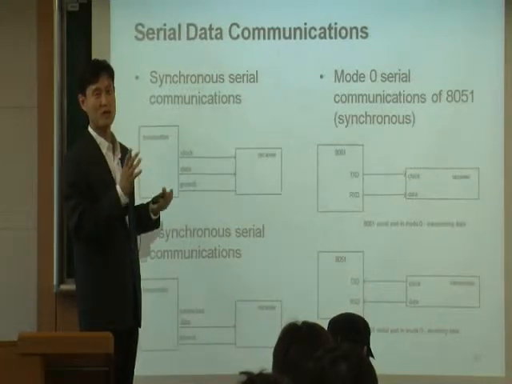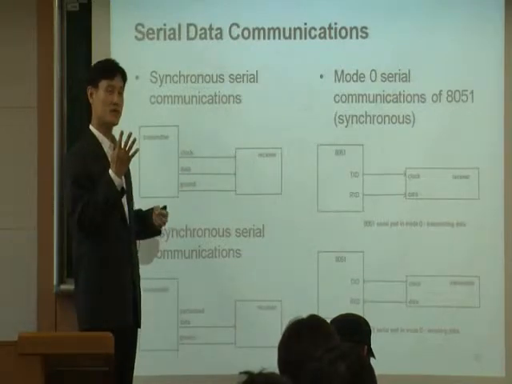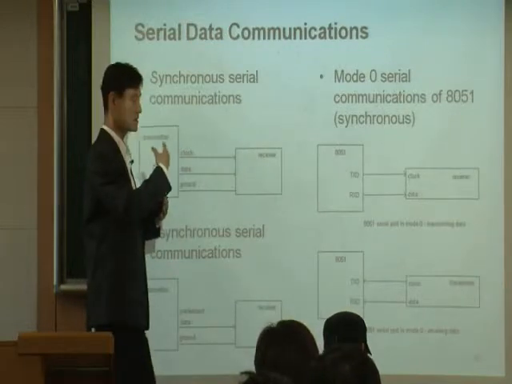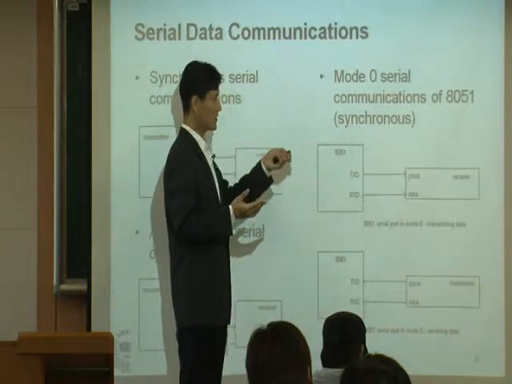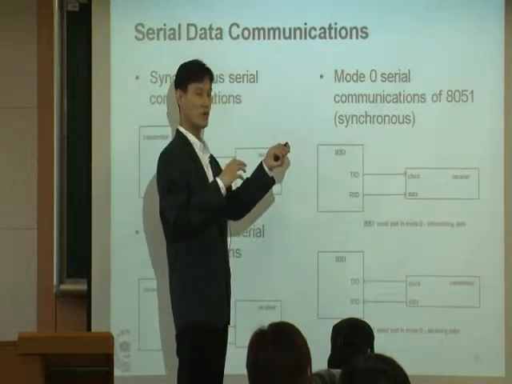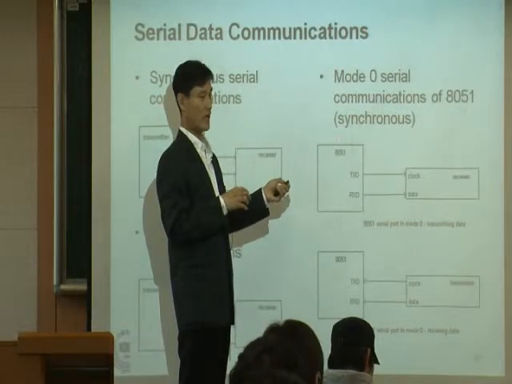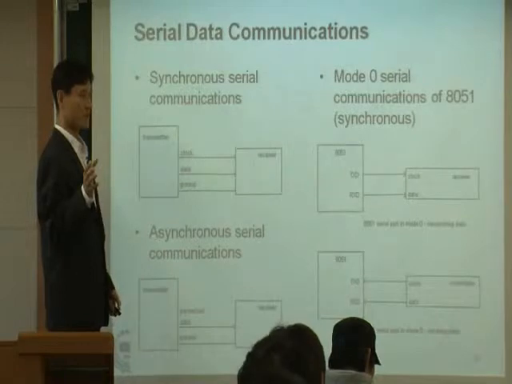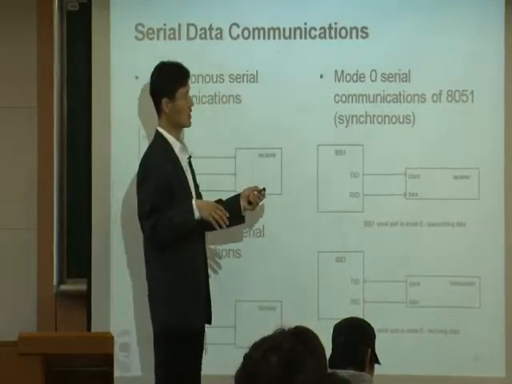We have 4 different timer modes, and in serial communication, again, we have 4 different modes. Mode 0, the first mode, is synchronous communication, and all the other 3 modes, 1, 2, and 3, are asynchronous.